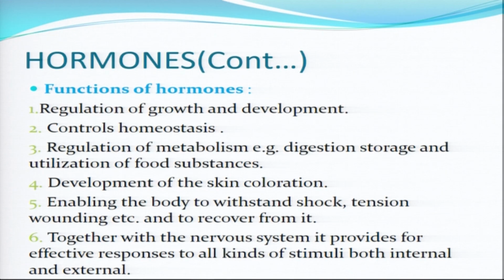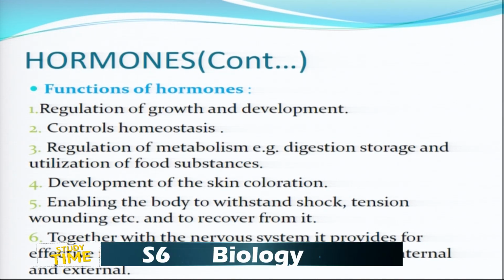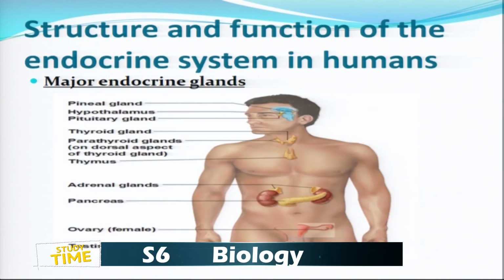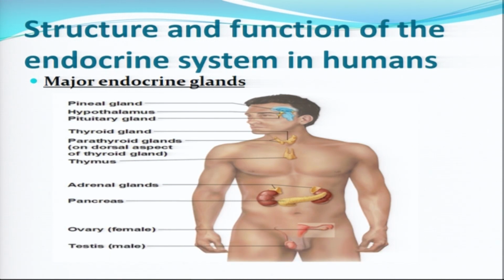If there is a problem of growth, there will be a response that is going to be carried to the bones and the muscles so that you can grow. So those are functions of hormones.